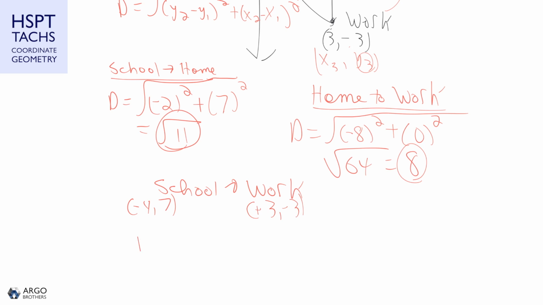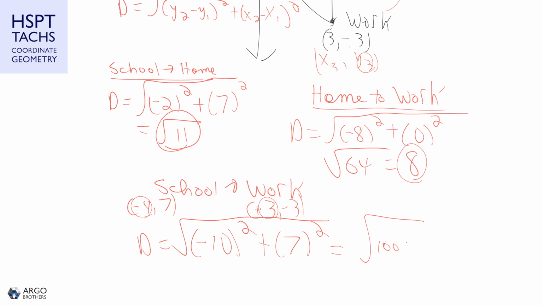Okay, now we use the distance formula. So we take the y components and subtract them, so that's negative 3 minus 7, which is negative 10, and square that, plus then 3 minus negative 4, which is 7, and square that. And so we get the square root of 100 plus 49. And so the answer is the square root of 149.